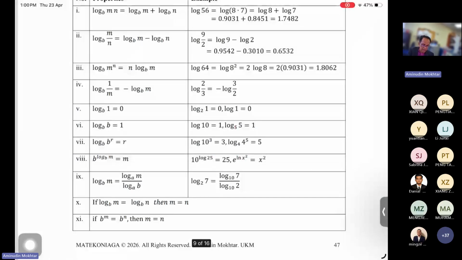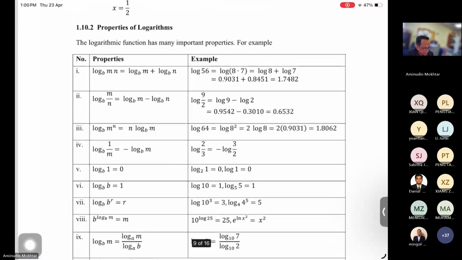9, 10, 11 properties for logs. For example, I will choose a few properties here. The first one is about logs.